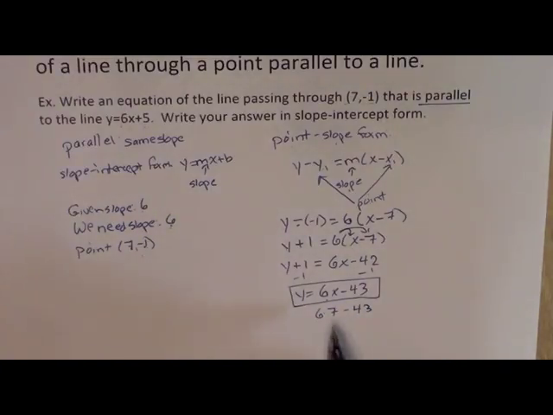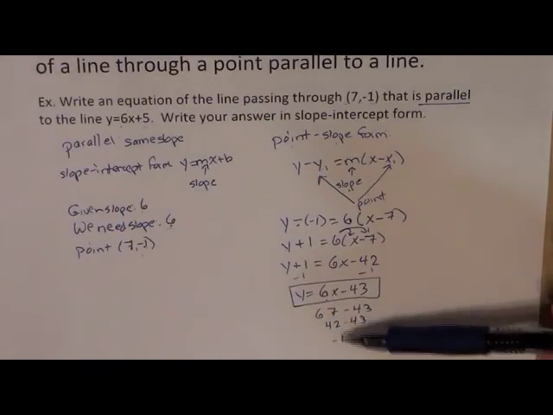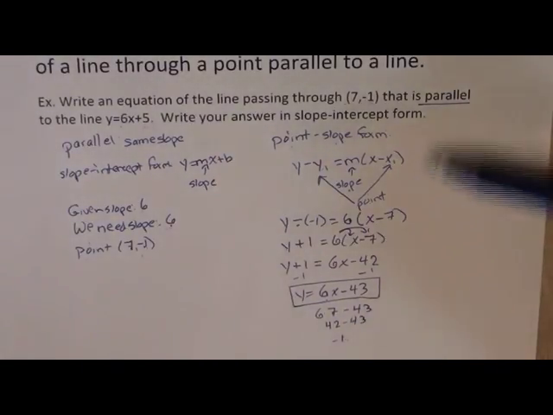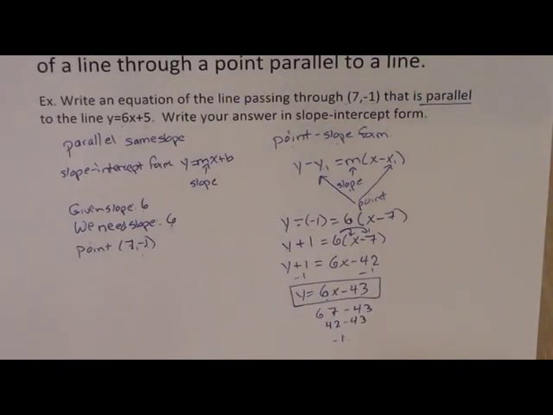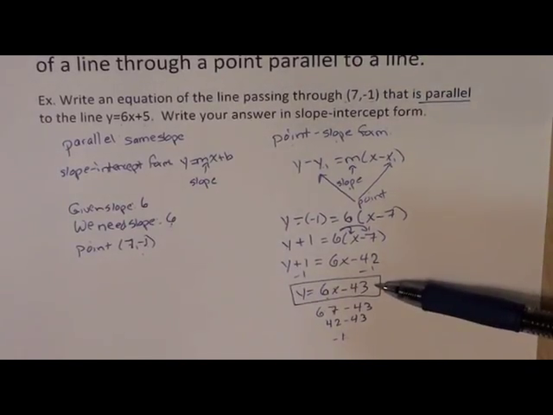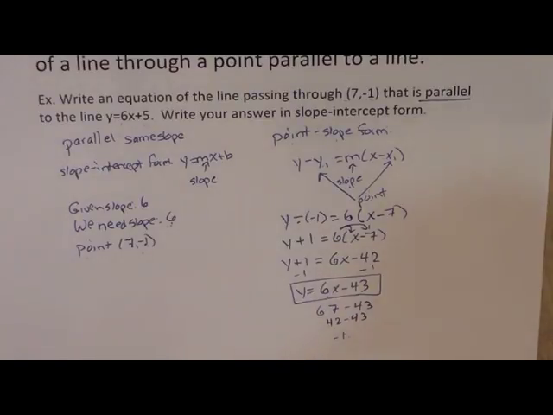Well, 6 times 7 is 42, minus 43, which gives -1. When we plug in the number 7, we get a y value of -1, which is exactly the point we wanted to go through. So y equals 6x minus 43 is parallel and goes through the point (7, -1).